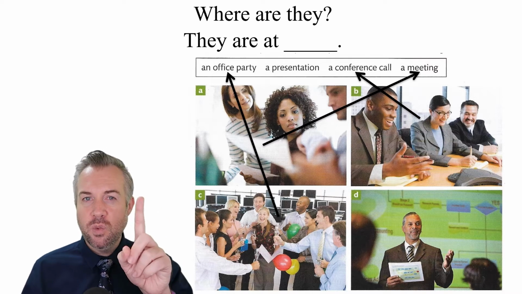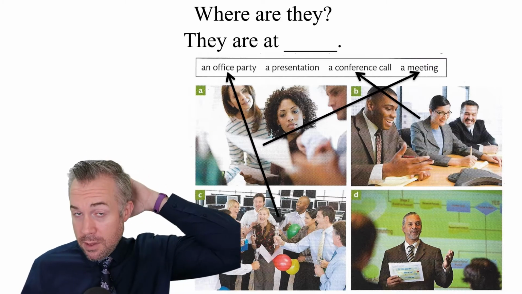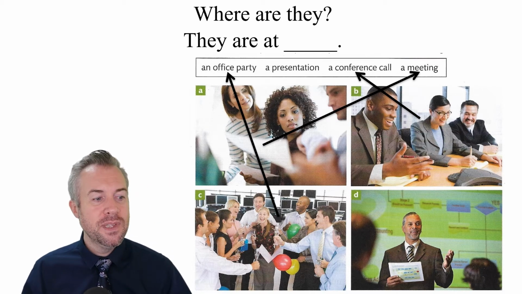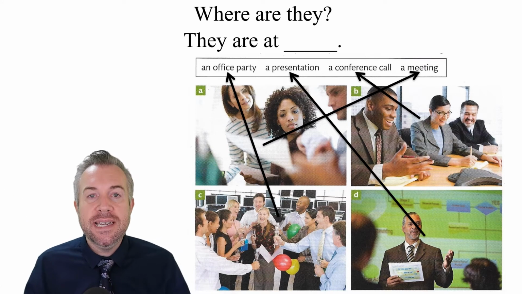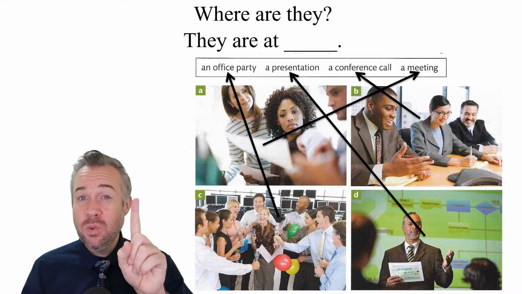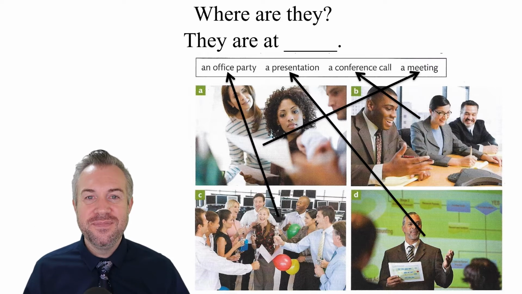You might think there's just one person, but if you look at the front of the picture, there's the back of somebody's head. So, where are they? They are at a presentation. One man is giving a presentation, and at least one other person is watching the presentation.